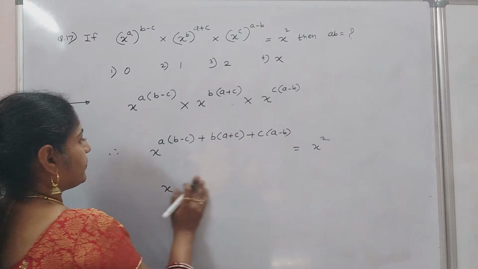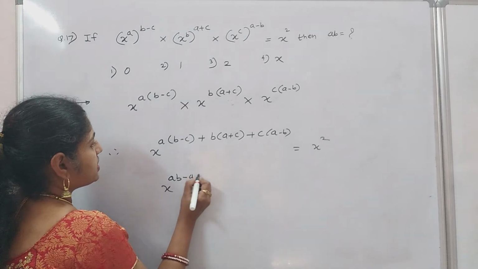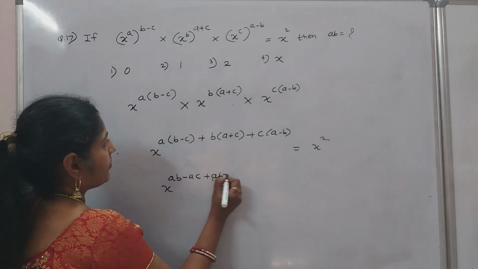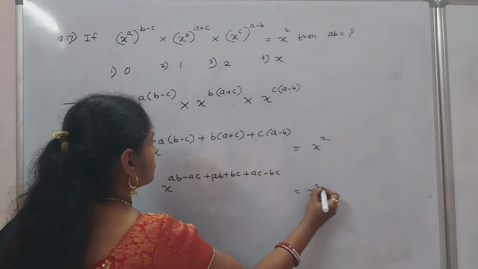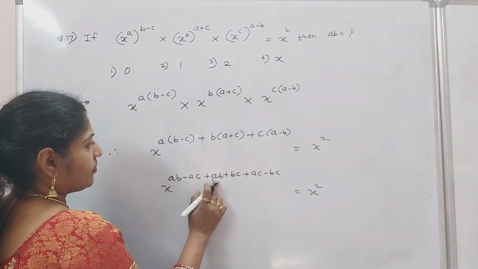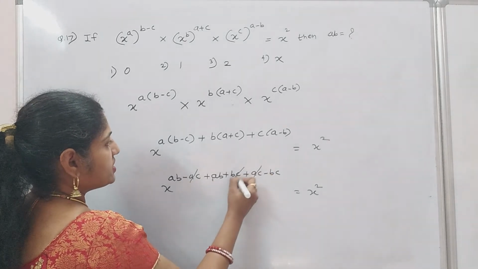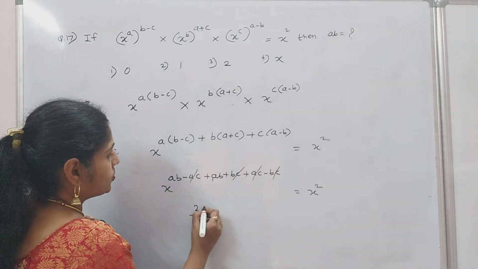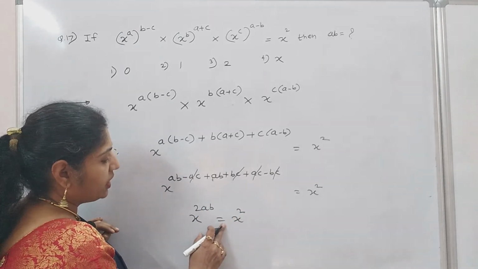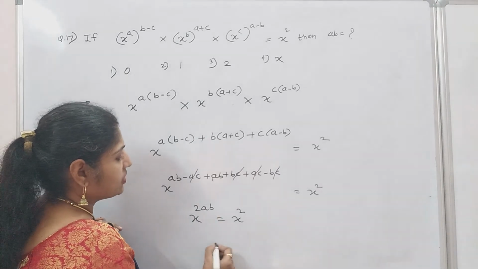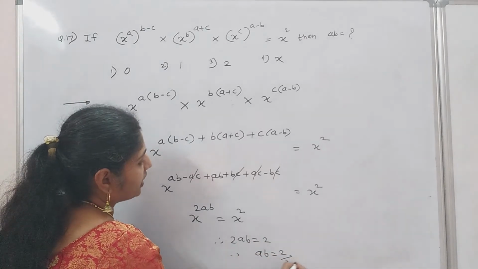Find out this answer. Solve the brackets. A into b, AB minus AC plus AB plus BC plus AC minus BC equal to x raised to 2. Plus AB plus AB is 2AB, minus AC plus AC cut, plus BC minus BC cut, so x raised to 2AB equal to x square. Here in the middle there is an equal sign, base is equal, so index is equal, so 2AB equal to 2, so AB equal to 2 upon 2, that is 1.